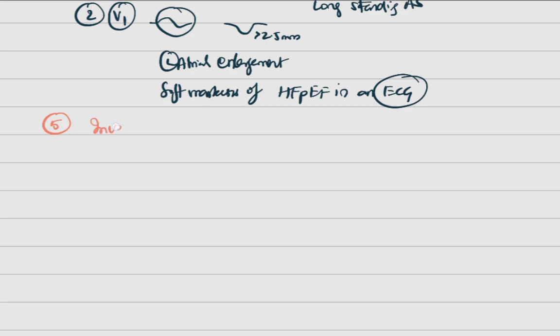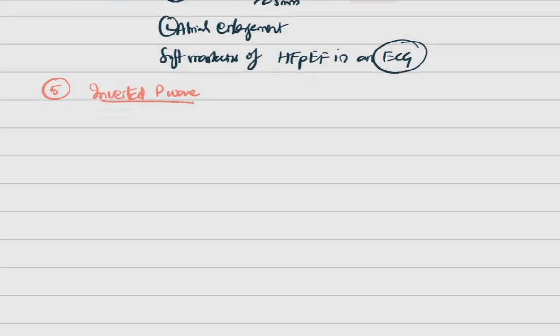Next we'll go to inverted P wave. So what are the conditions that can cause an inverted P wave? So first and foremost, it is normally inverted in leads other than L1, L2 and aVF. So you have to see only lead 1, lead 2 and aVF.